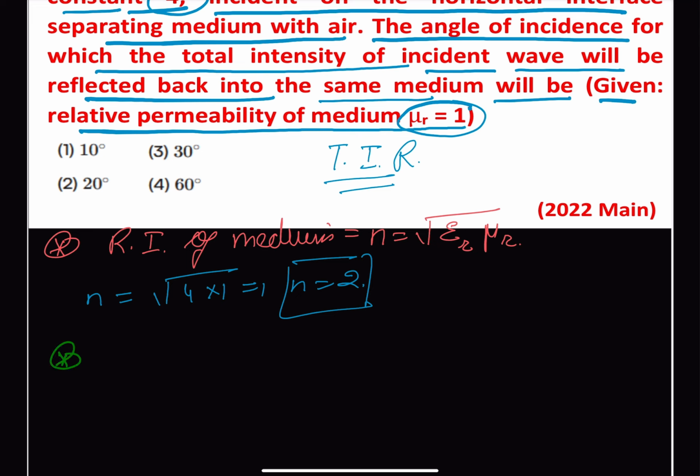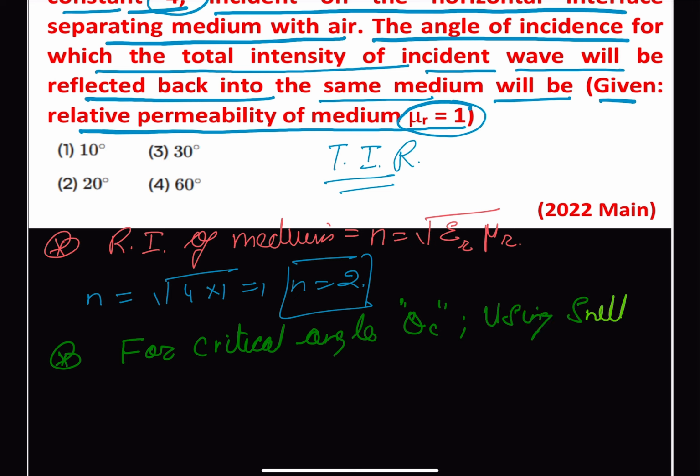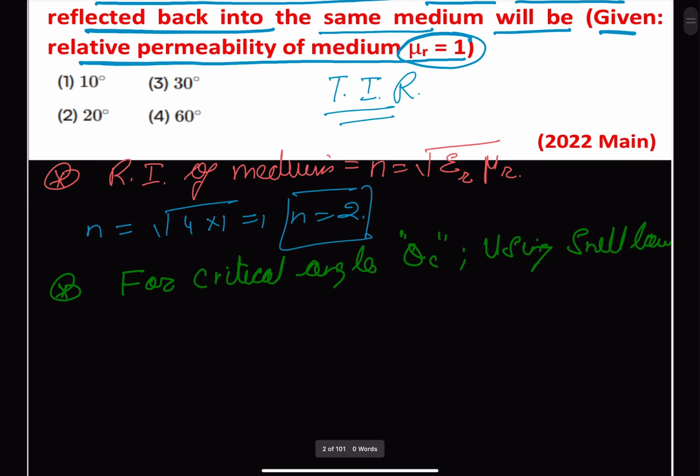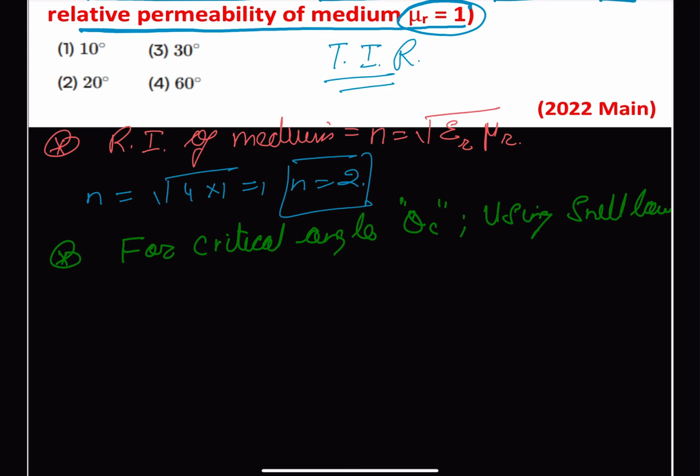Therefore, for the critical angle theta c, using Snell's law, we can write n1 sine of theta 1 will be equal to n2 sine of 90, because for total internal reflection the angle of refraction is equal to 90.